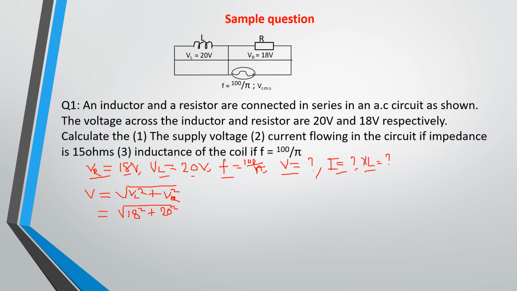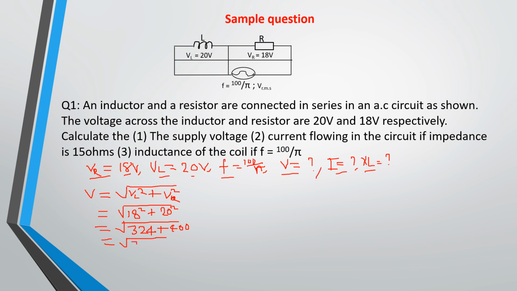So if I work this out, 18 squared is 324 plus 400. Okay guys, work that out on your calculator.